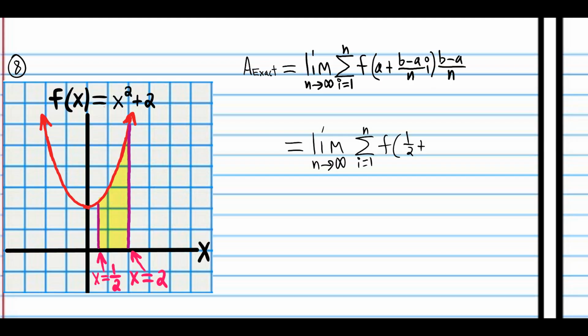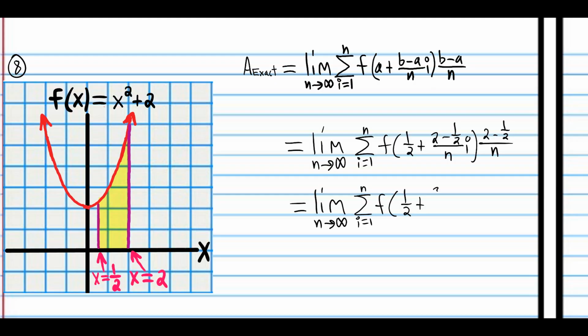The right bound is 2. And we're using n rectangles. Just let the number of rectangles be n. Okay, and 2 minus 1/2 is 3/2.